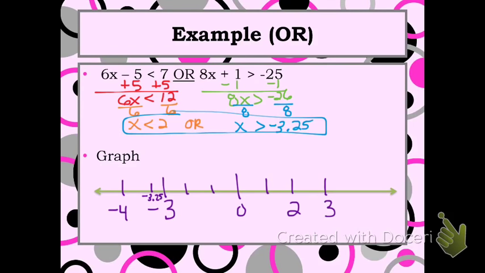Graph them both separately, so x is less than 2 would look like this, and x is greater than negative 3.25 would look like this. OR means any number on the number line where you have either of the coloring, and that actually in this one ends up being every single number.